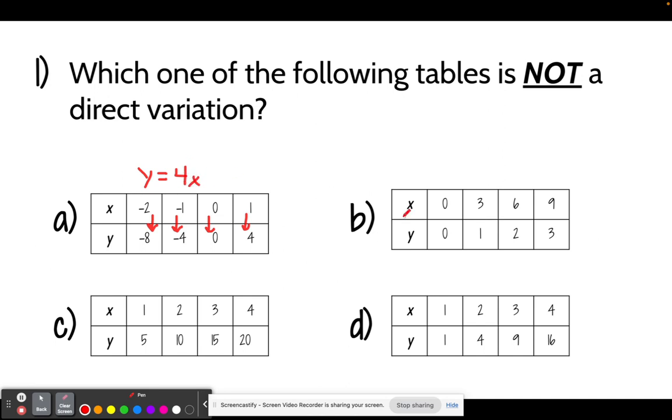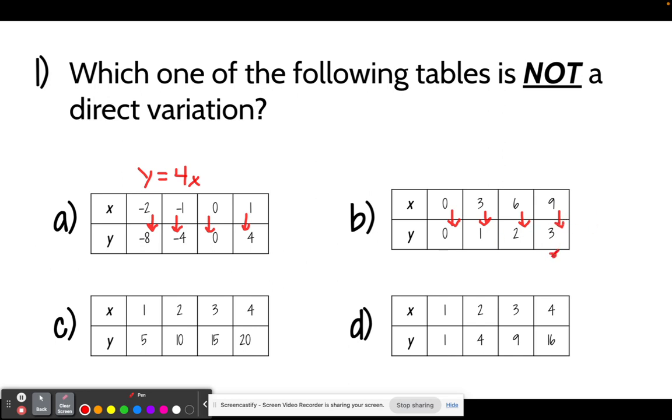Let's look at b. Well, from 0 to 0, can't tell what that is yet. From 3 to 1, I am multiplying by 1/3. 6 to 2, I'm multiplying by 1/3. 9 to 3, I'm multiplying by 1/3. I could also do my y over x pattern.